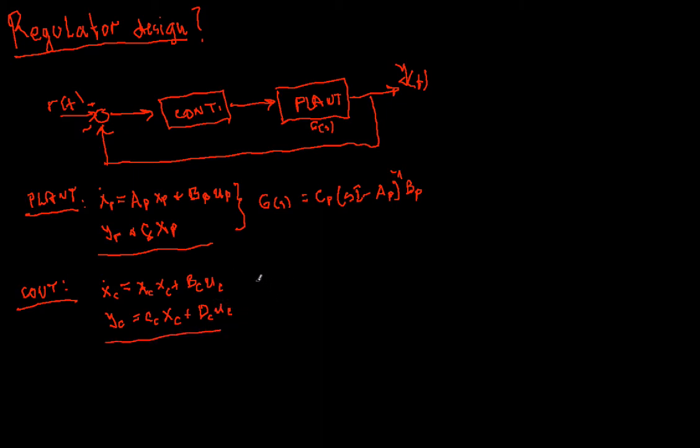And this controller also can have a G controller transfer function, which is Dc plus Cc (sI minus Ac) inverse Bc.